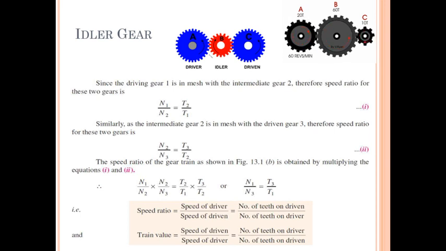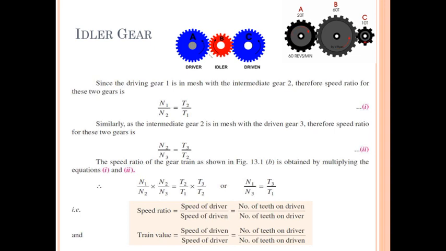Sometimes the distance between the two gears, that is between the input shaft and output shaft, is very large. The motion from one gear to another in such a case may be transmitted in either of two ways. The first way is by providing large size gears.